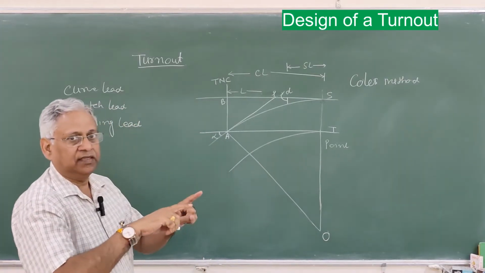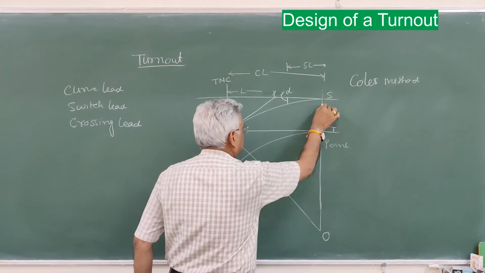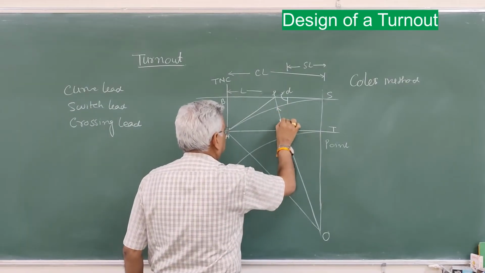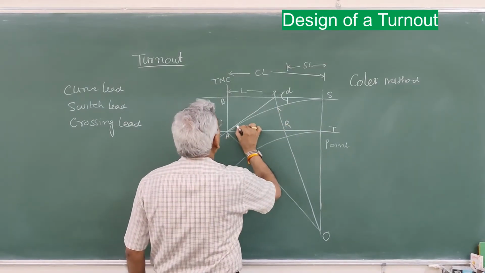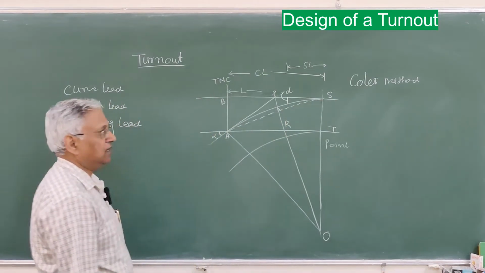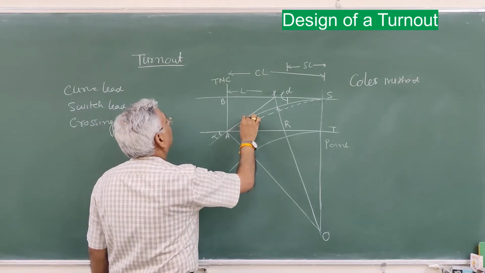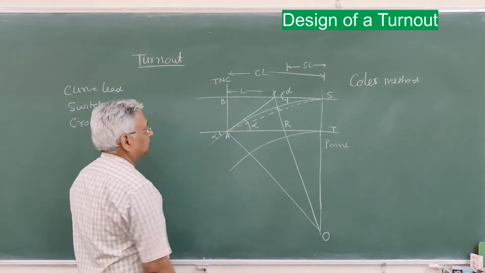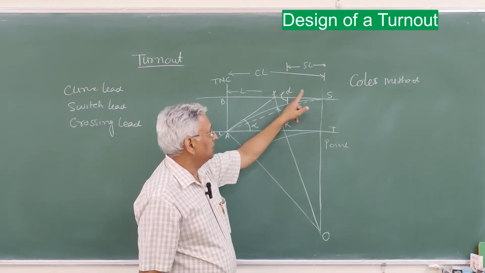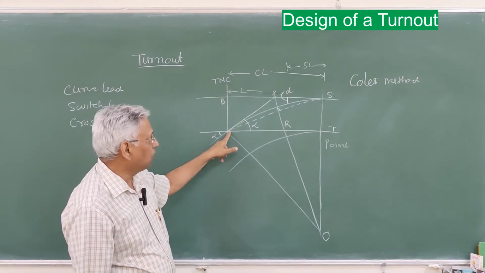Now the radius of the curve is the radius of the outside curve. So this is the complete radius, R. And if you join these two points A and S by a straight line, then this total angle is alpha. This is the point P from where you draw two tangents PS and PA on the same curve, and therefore their lengths are equal.